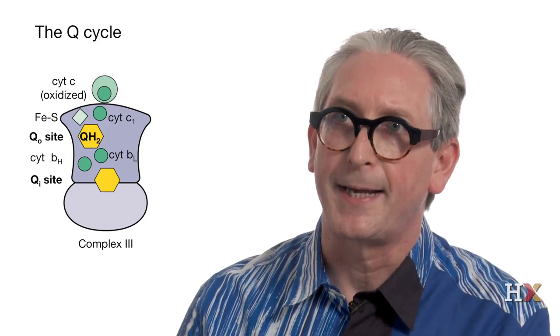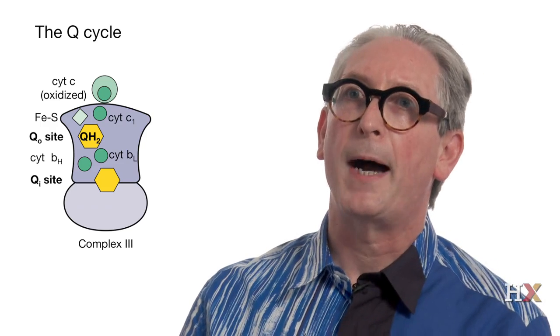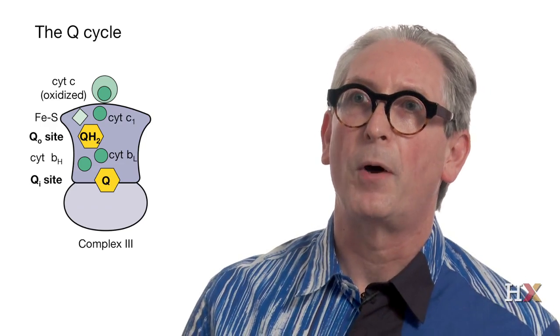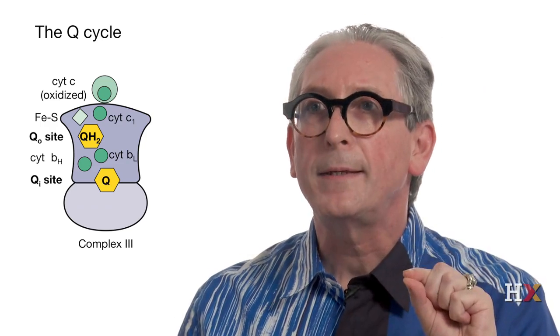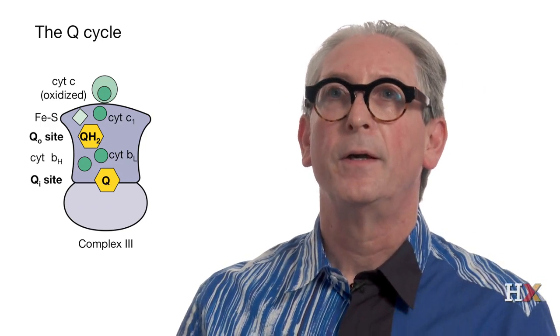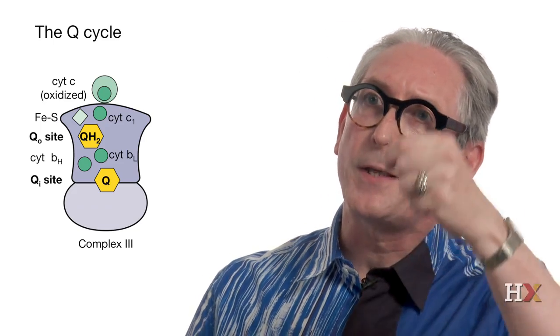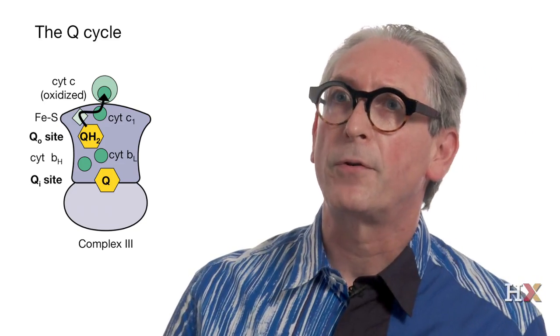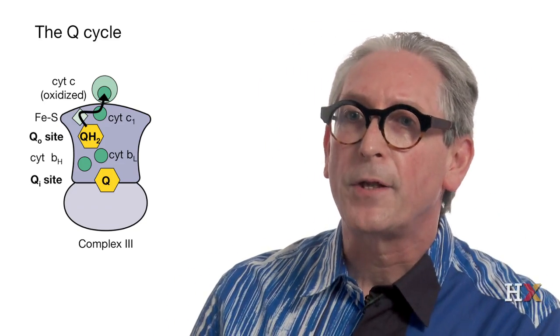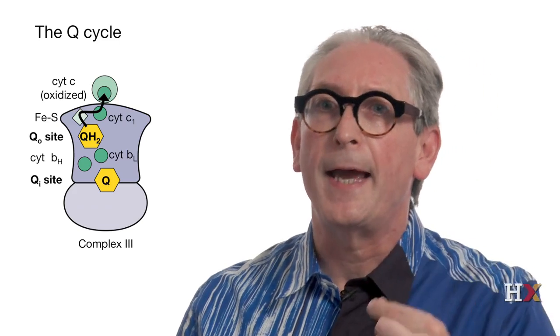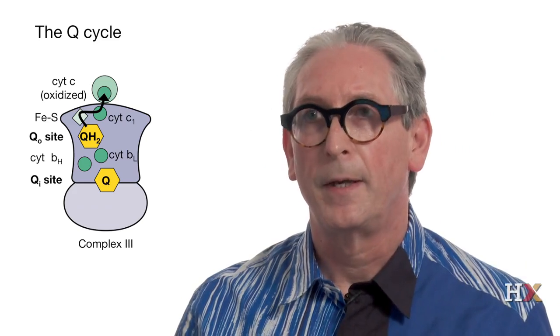And its Qi site is occupied by a fully oxidized molecule of coenzyme Q. 1 electron from QH2 on Qo will be transferred to cytochrome C via an iron-sulfur center and then the heme from cytochrome C1.